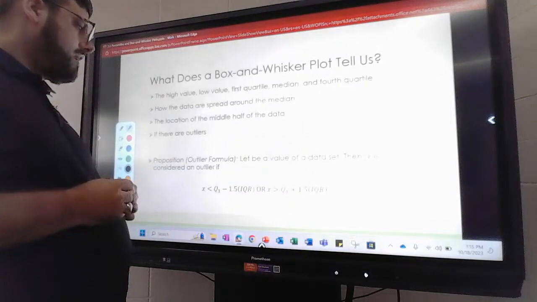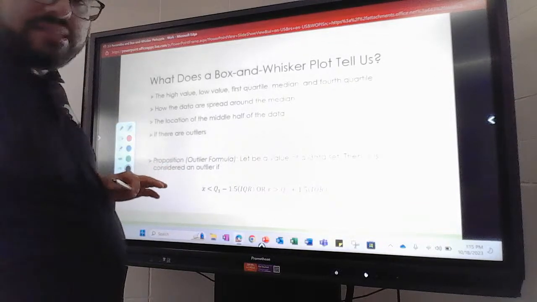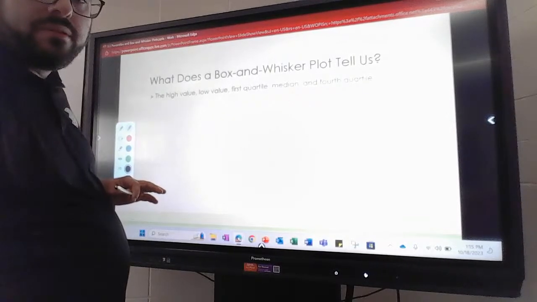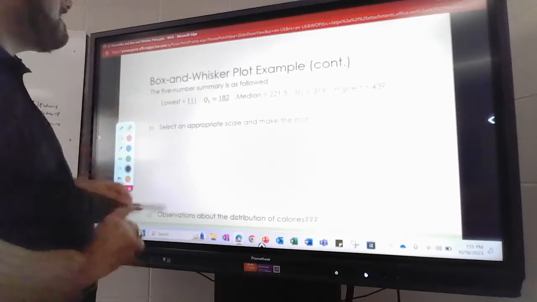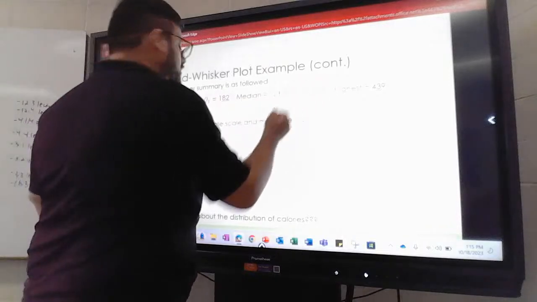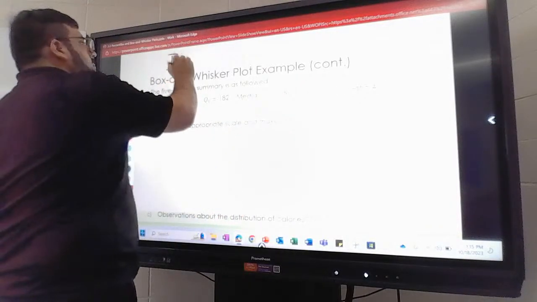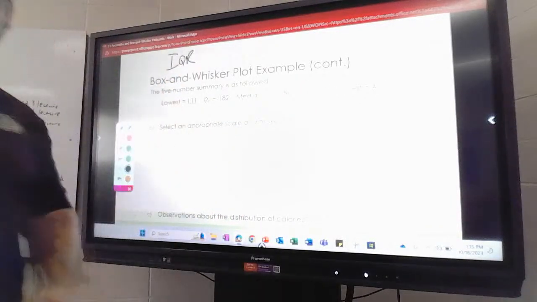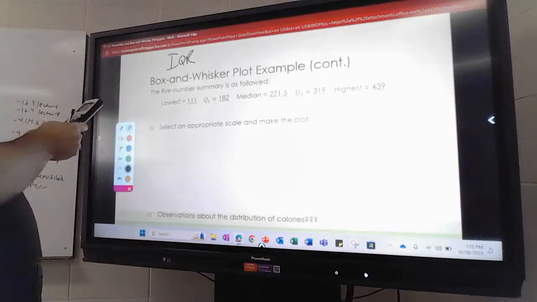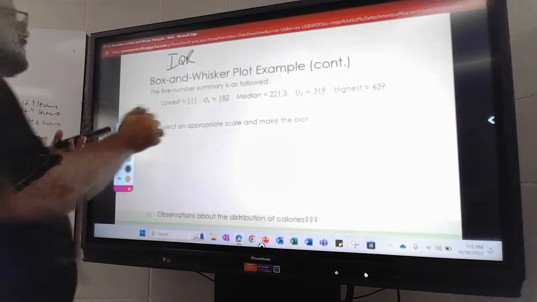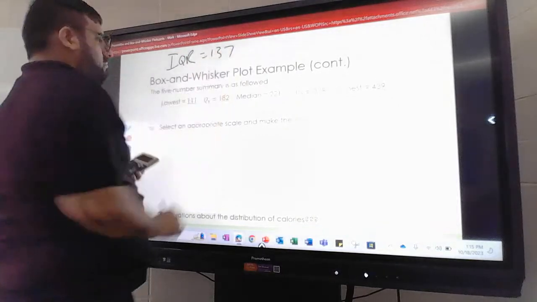All right. Actually, let's apply that in this example here. Here's my 5-number summary. Here's my first quartile. Here's my third quartile. My interquartile range, 319 minus 182, that's 137.